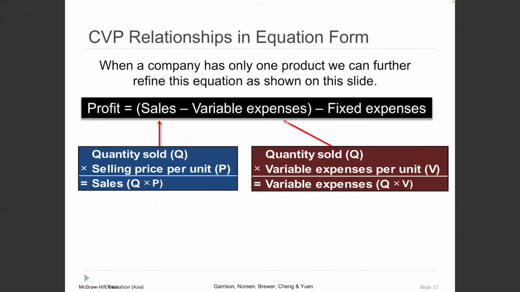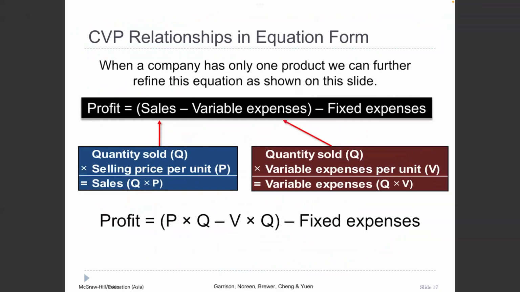If you were to break it down, sales equals quantity sold multiplied with selling price per unit. So sales equals P multiplied with Q. And then you minus variable expense, which is quantity sold multiplied with variable expense per unit.